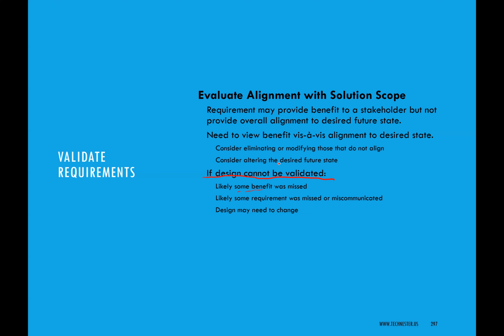So maybe you didn't understand what the stakeholder was saying, or maybe the stakeholder did not explain well. So if you have designs that cannot be validated, that stakeholders are not agreeing with, that means something has been missed or something was miscommunicated. And what that means is you may need to change your design.